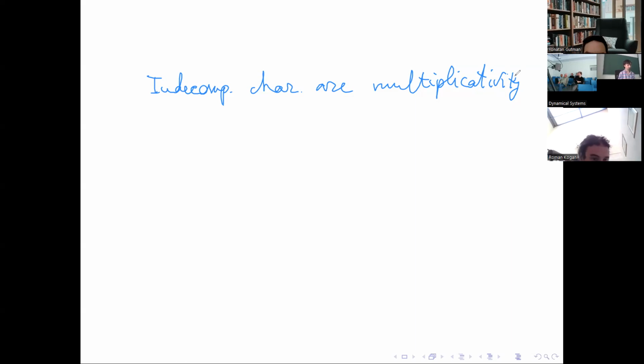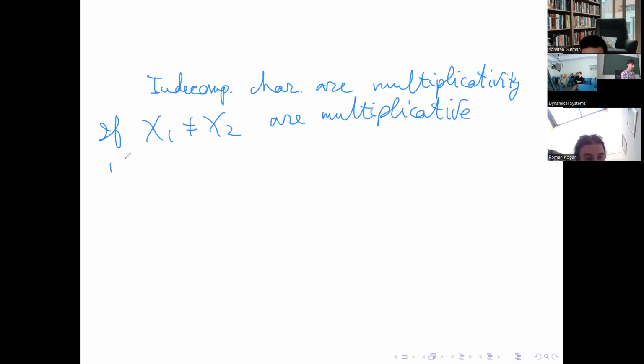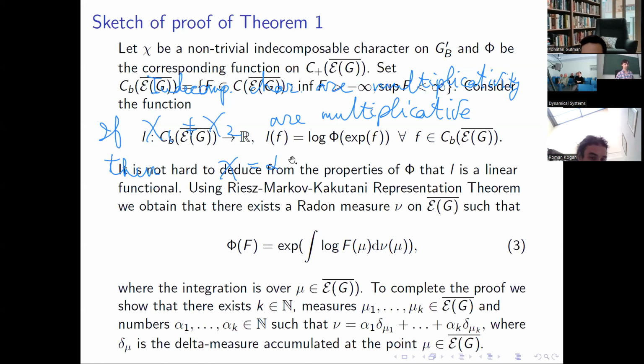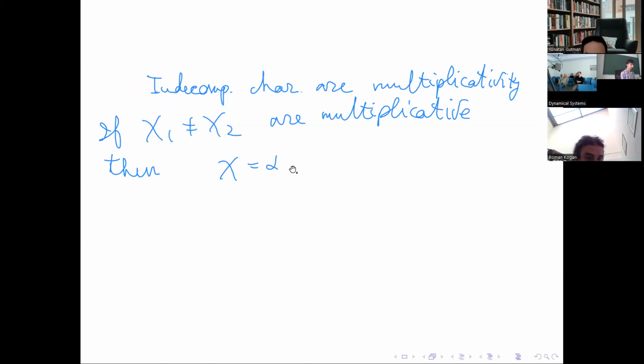So this is some multiplicative property, and it turns out if chi1 not equal to chi2 are multiplicative, then their linear combination will not be multiplicative in this sense.